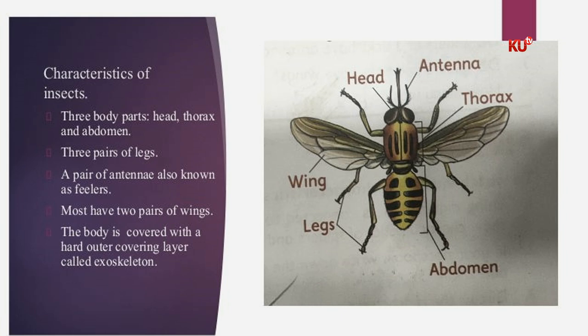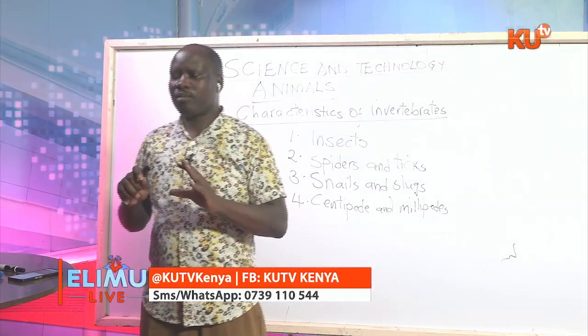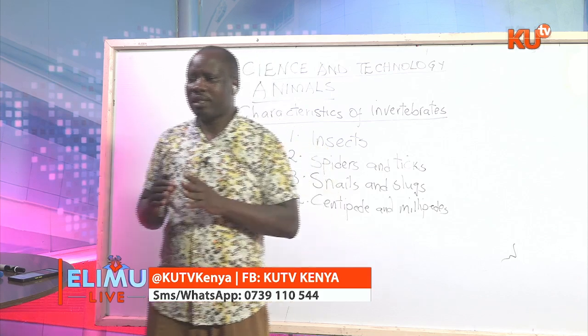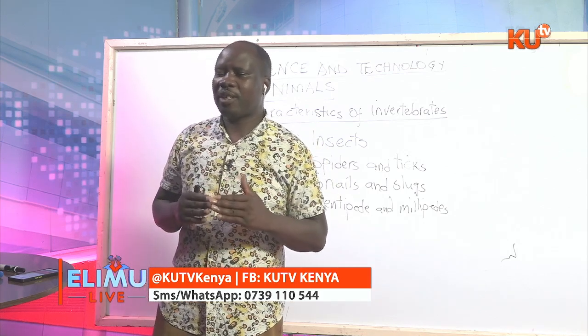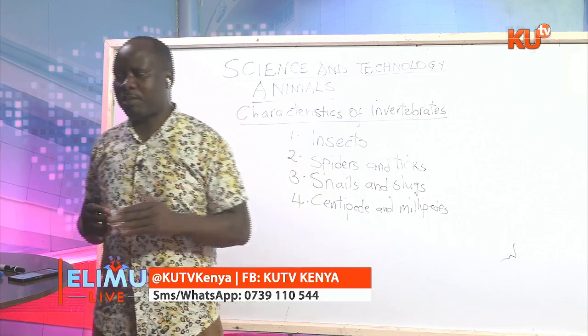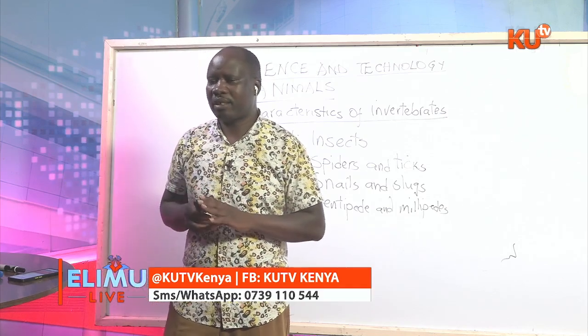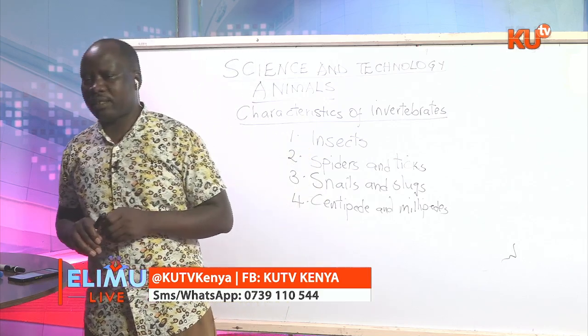After insects, and before we move to the other one, we have some few photos of insects. These are animals, invertebrates, which are insects, and they are not in other groups like snails and spiders. We saw the first diagram where we had all invertebrates, but here we have a few where we have insects.